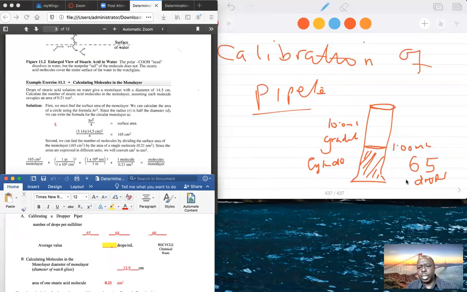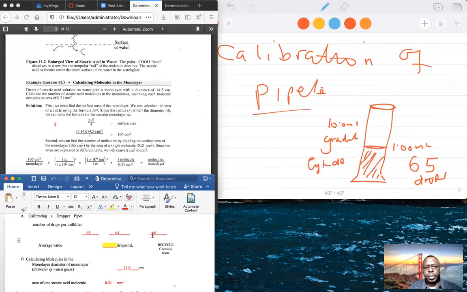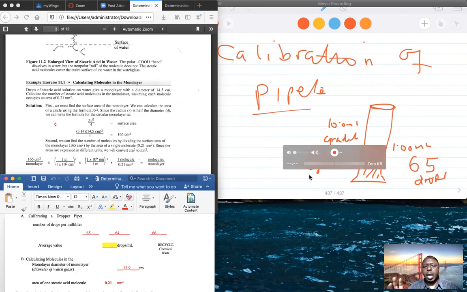For the numbers you see here, I had to do three trials: this is 65, this is 64, this is 66. That means the first time I counted 1, 2, 3, 4, 5 until 65, I had 1 ml. The second time I had 64. The third time I had 66. I'm trying to hit the 1 ml mark on the graduated cylinder.